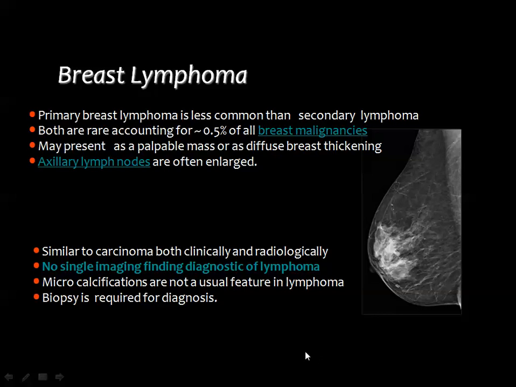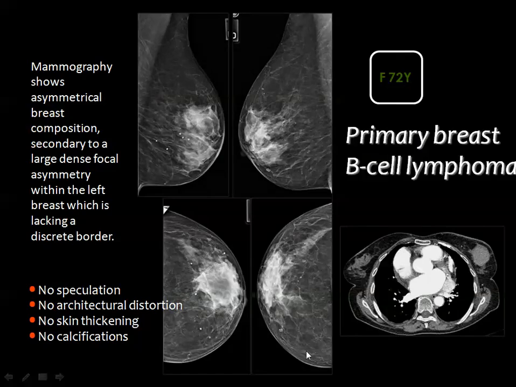And if you see a lesion like this, which is seen in the mammogram as well as in the CT scan, there is a mass in the left breast, and the diagnosis is usually in the direction of breast cancer. But these are the suggestive features of breast lymphoma.